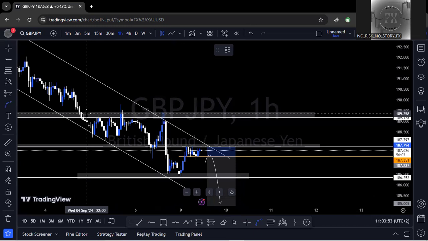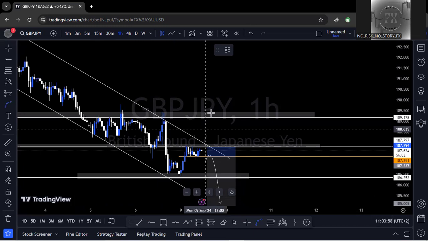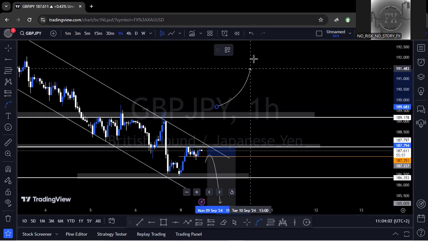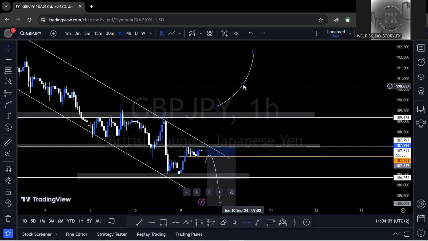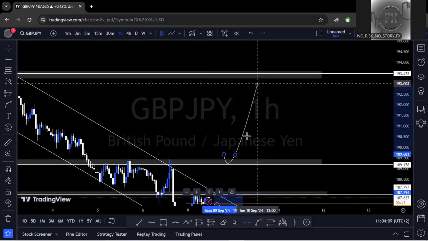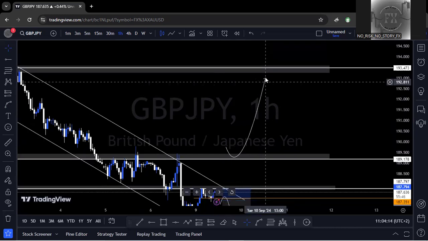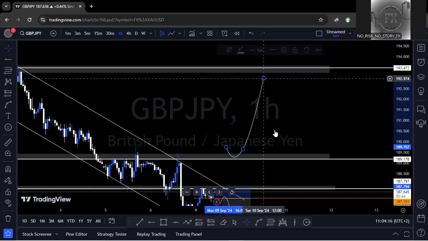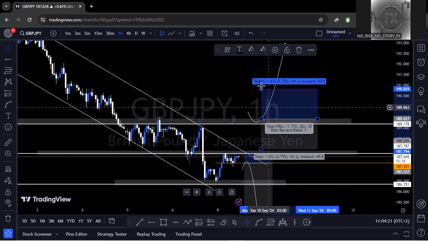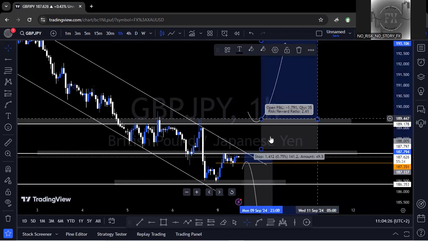This strong resistance here, the market can push and break this strong resistance to then buy and continue with the buys, right? So this is scenario number 2 on GBPJPY.